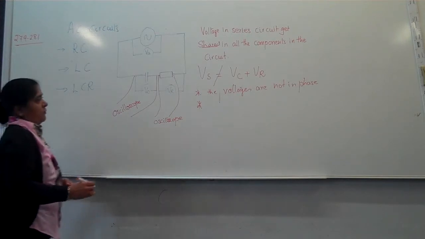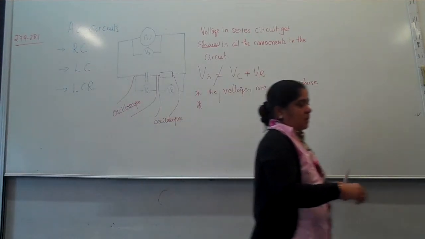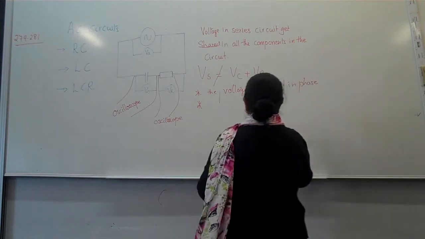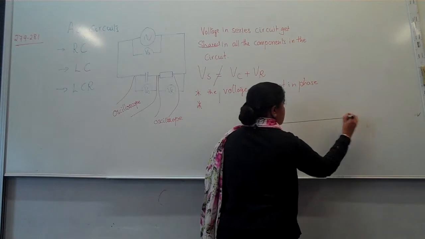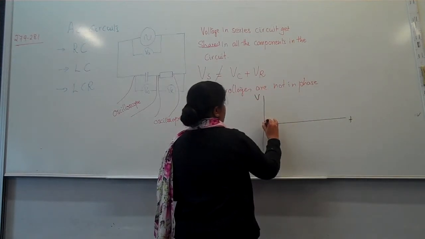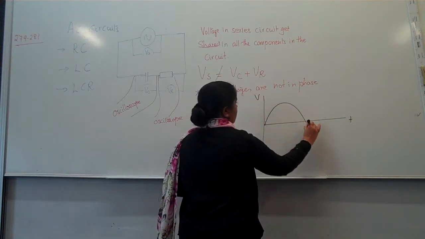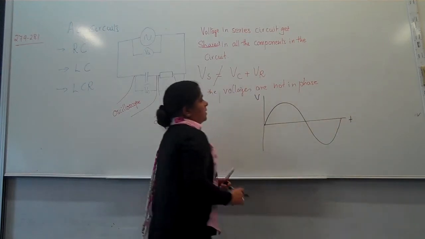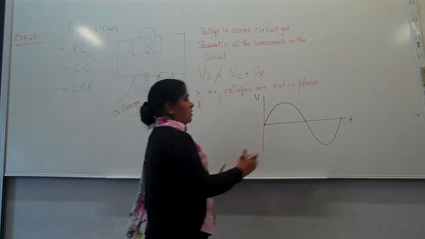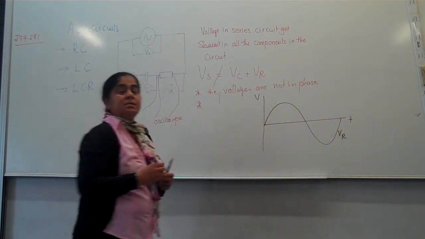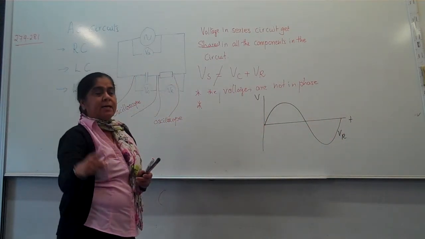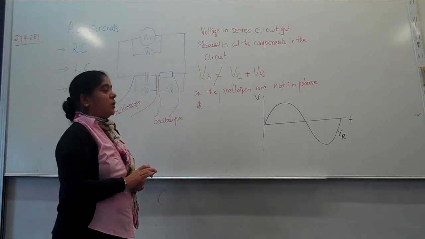So the graph will look something like this. If we plot a graph of time against voltage, this will be the graph for VR, the voltage across the resistor. In one full cycle, this is how it will look.